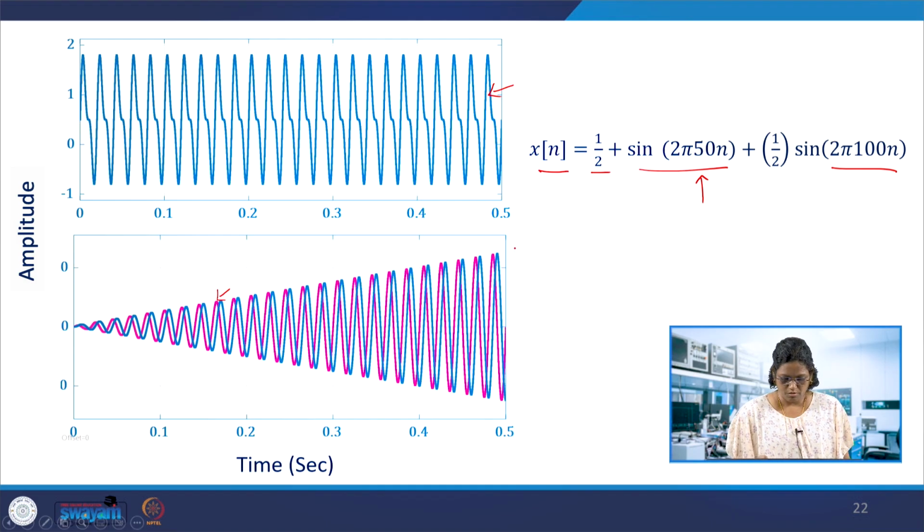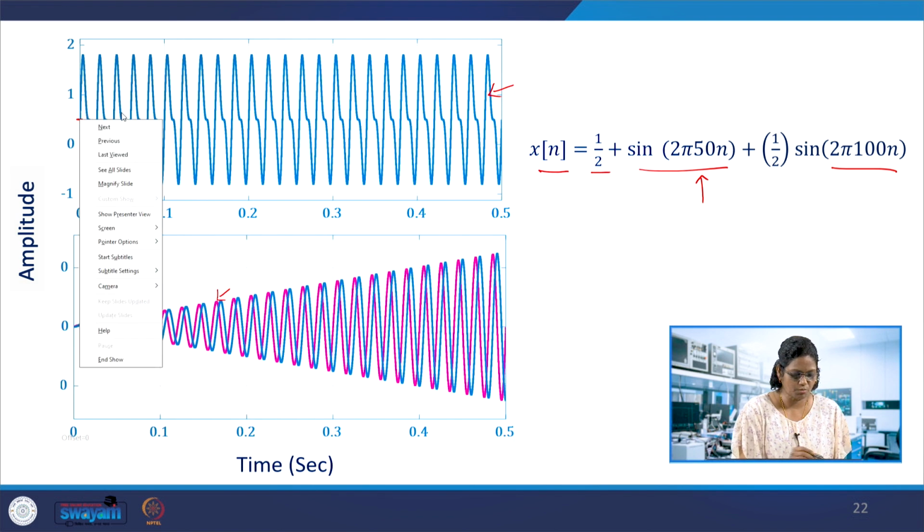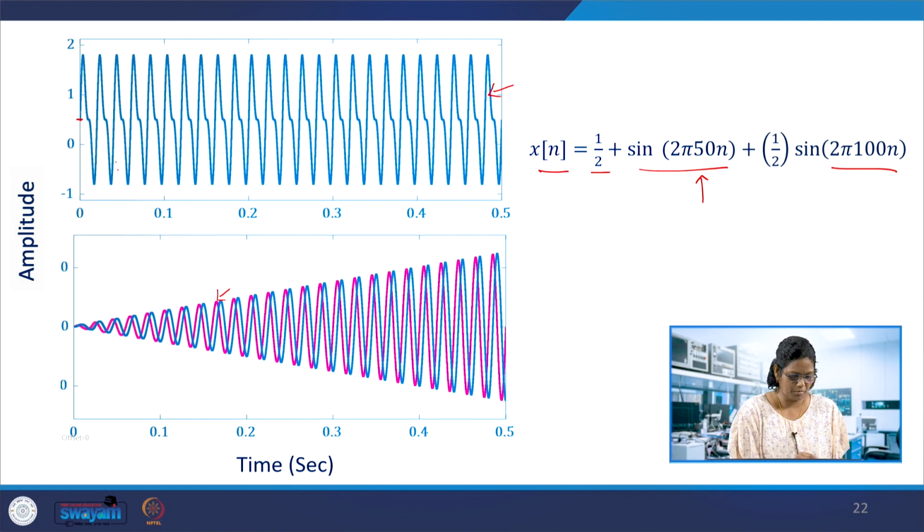So it keeps growing because of this pole on the unit circle, it keeps accumulating, but it could extract that single tone which is the 50 hertz, and it is eliminating the DC, which is 0.5, and the second harmonic is also eliminated.